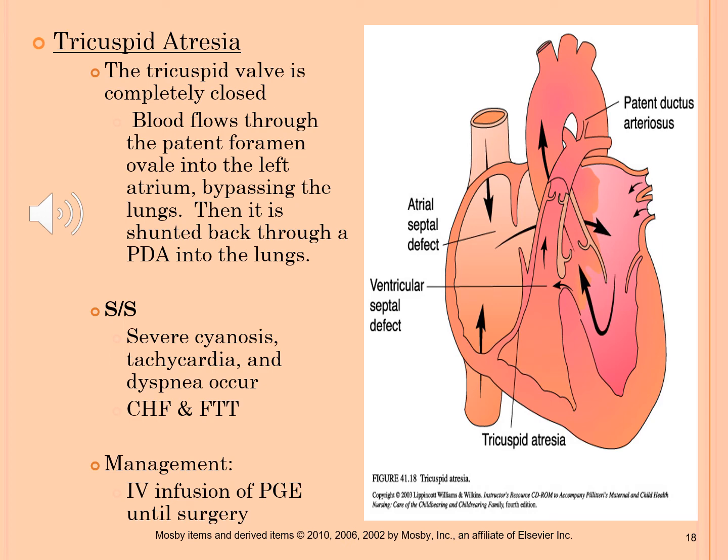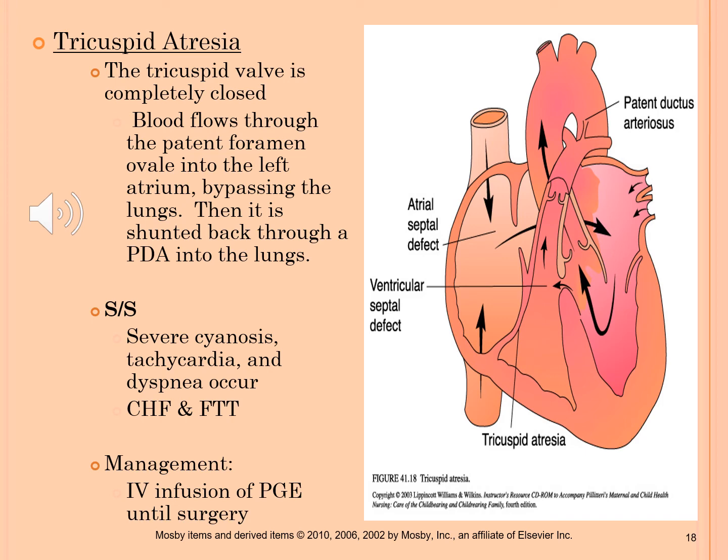So we have a couple different problems. Not only is our tricuspid valve completely closed, our foramen ovale is open, and we also have a patent ductus arteriosus. Again, you have to think about how much higher the pressures are and how that has changed because that tricuspid valve is completely closed.